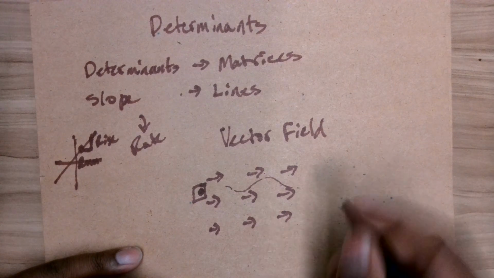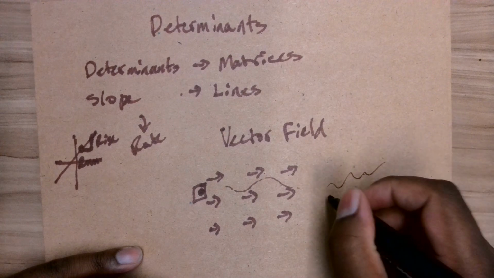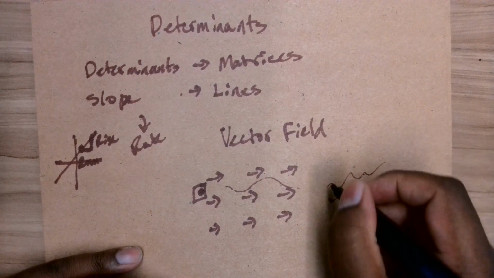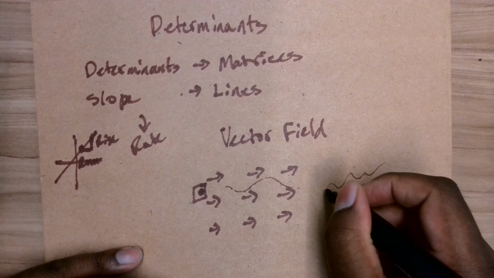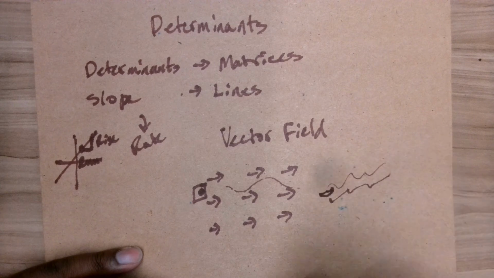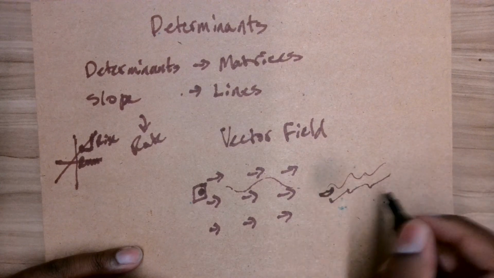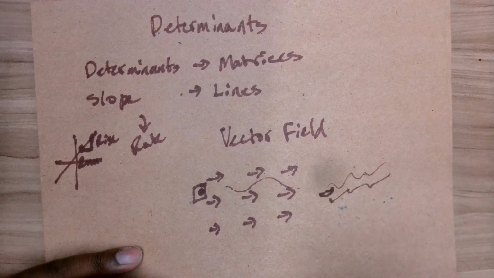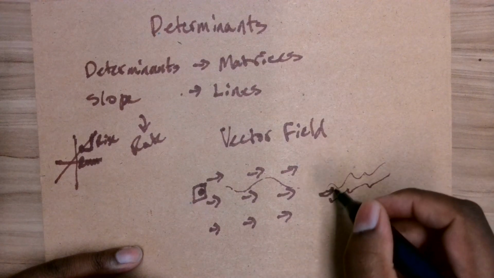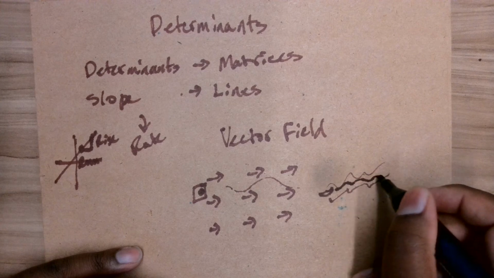Basically, think about a river, and you have this little boat in it. Excuse my drawing, but you've got a little boat on the river. If you're not actually paddling or anything, it's just going to go along the current of the river, won't it?